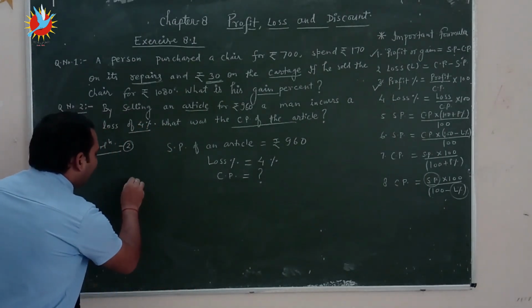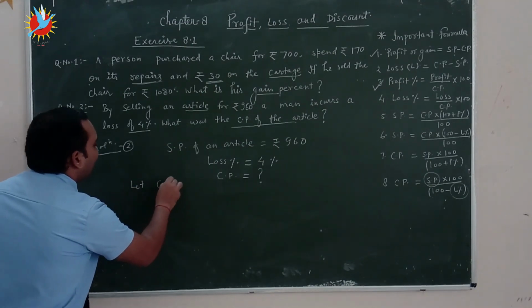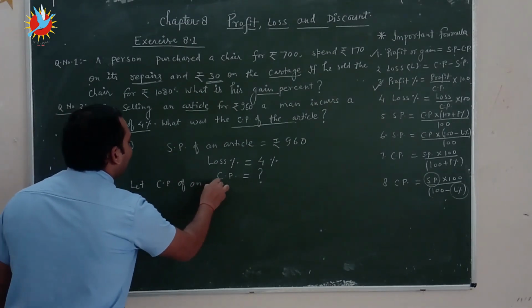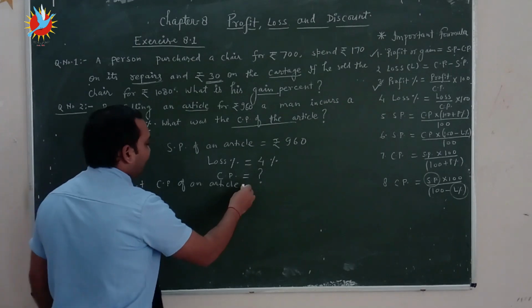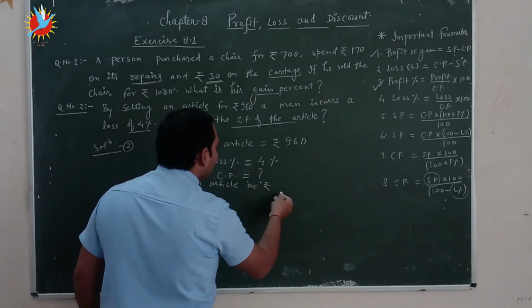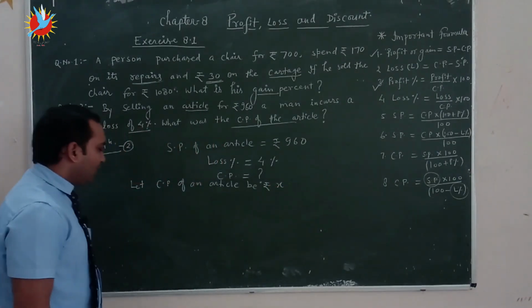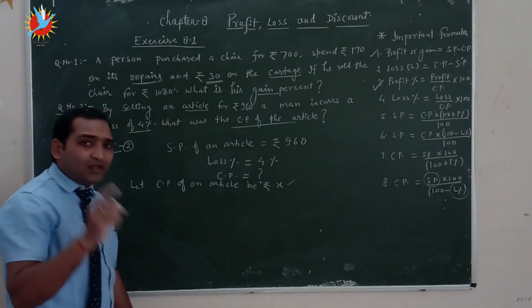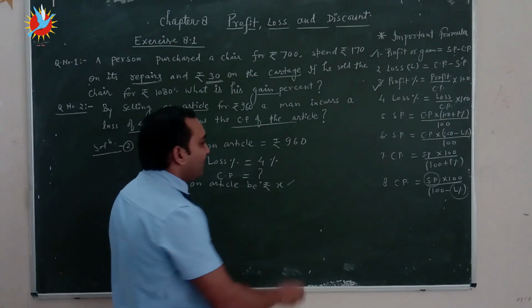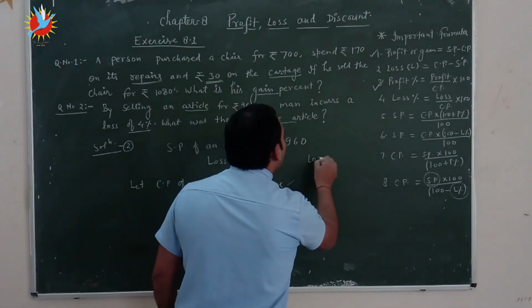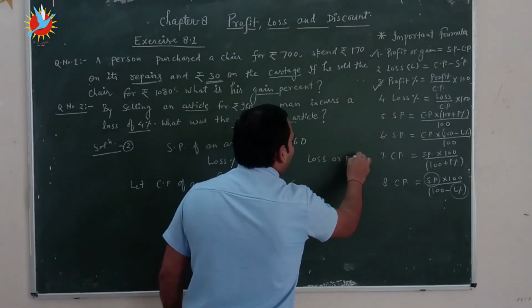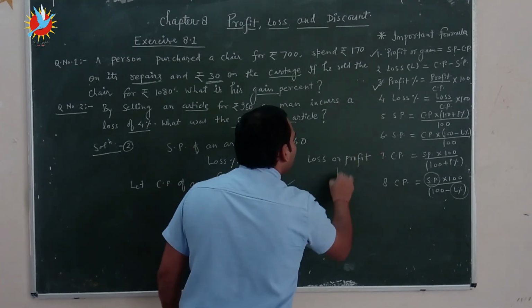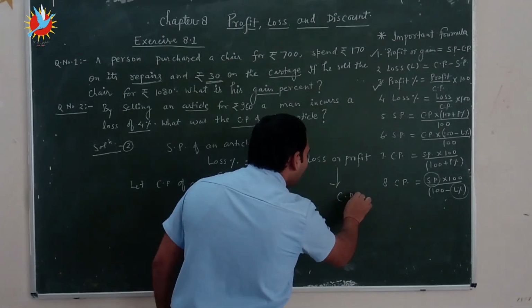Let the CP of the article be rupees X. One thing always remember, the loss or profit we always calculate on the CP.